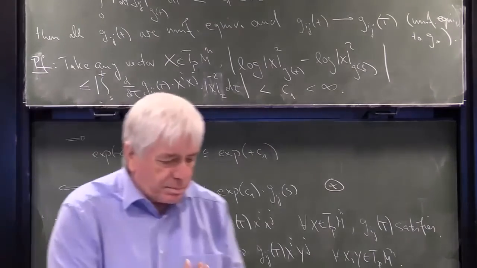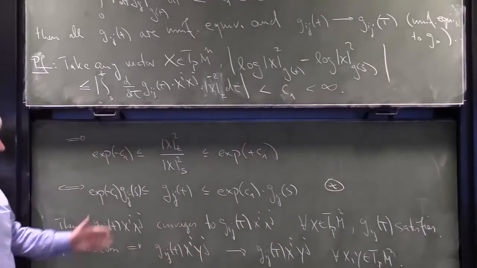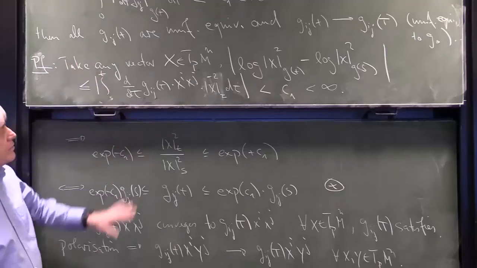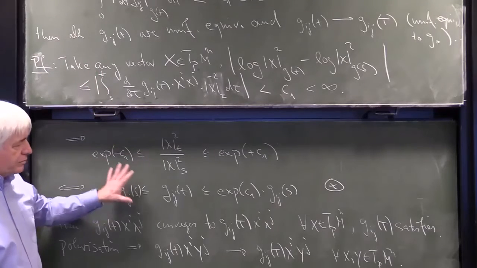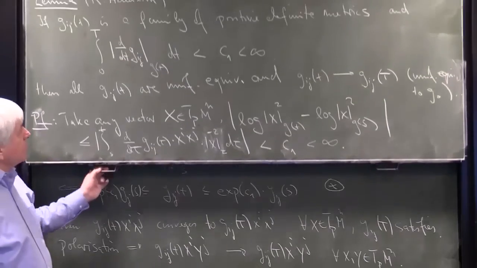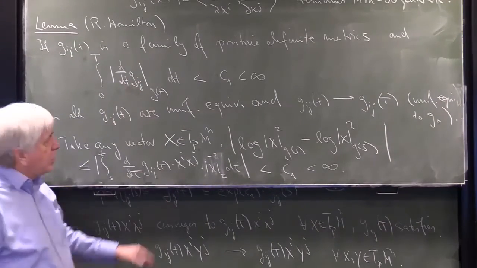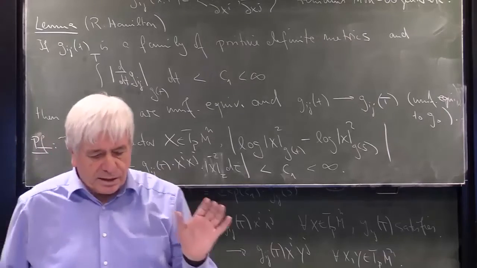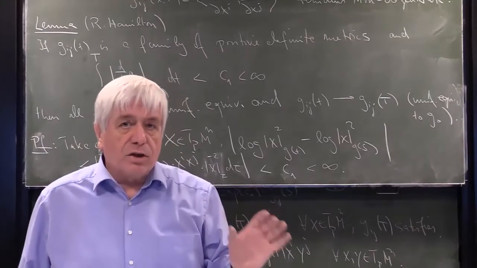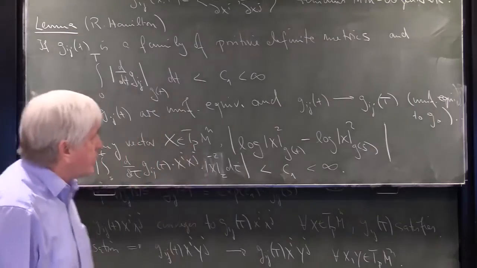So the parametrizations converge, and also their first derivatives converge uniformly if we have this uniform bound on the derivative of the metric. And this, recall, was given by the square of the curvature, and this curvature was assumed to be bounded.